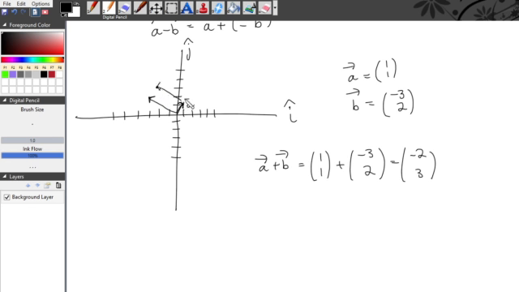So this is A, and this is B. And when adding them up, the vector A plus B actually goes from the origin to this point here. And it's called the resultant. So this is vector A, this is vector B, this long vector here, that's A plus B. Okay, so yeah.